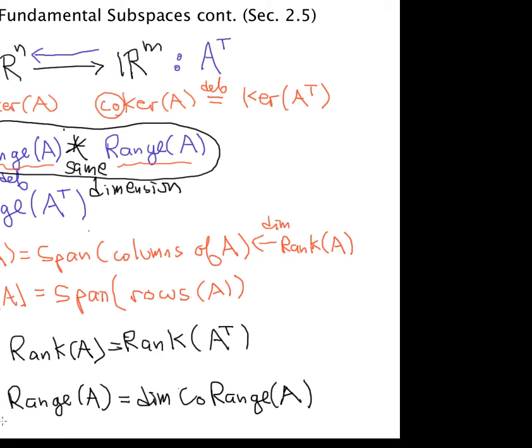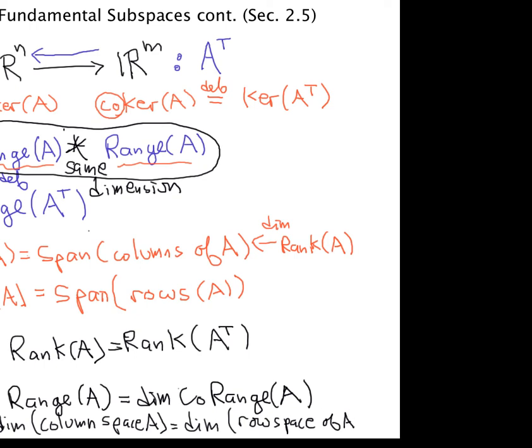It says that the dimension of the range, remember, is the span of the columns. So that's called the column space of A, is equal to the dimension of the row space of A.